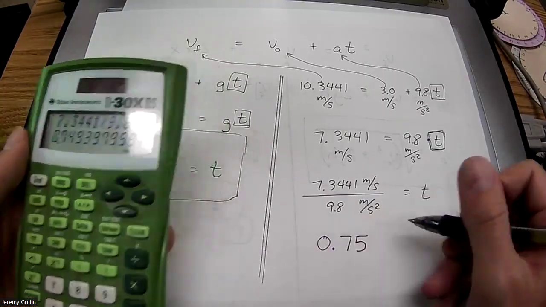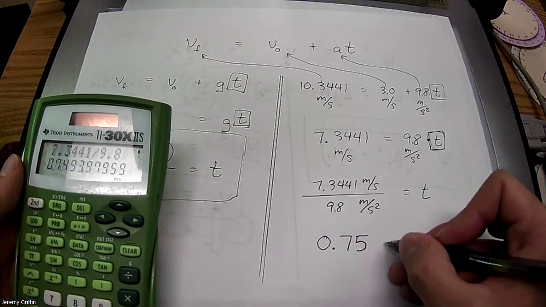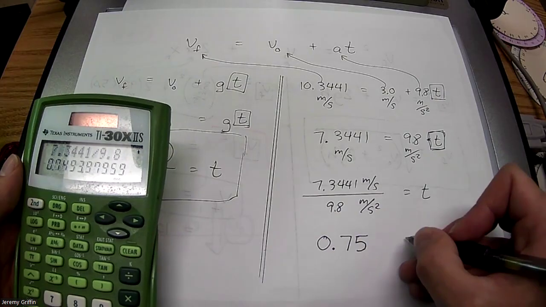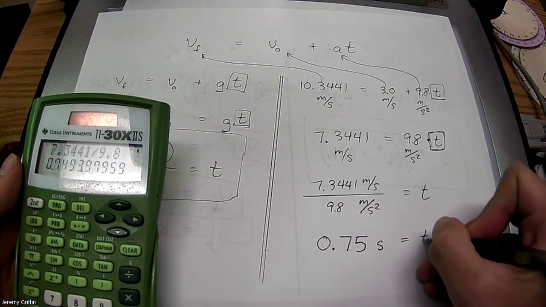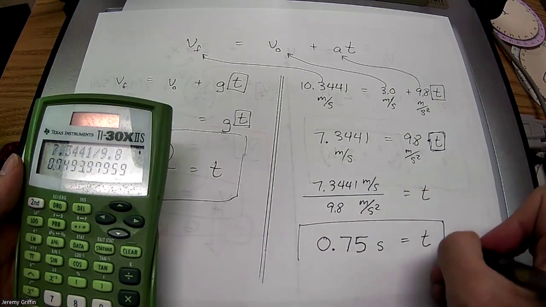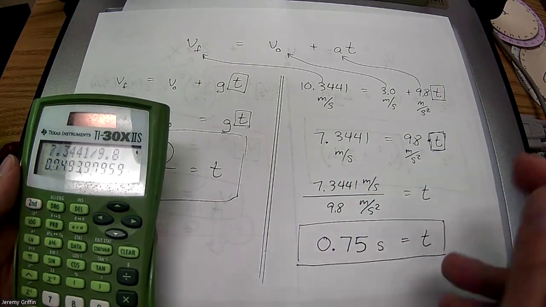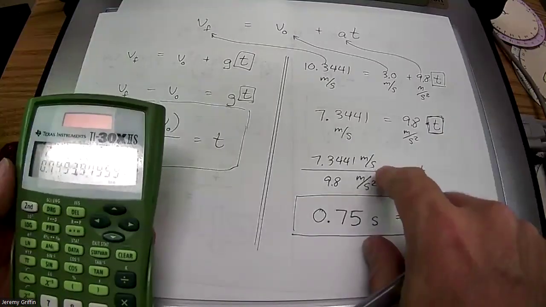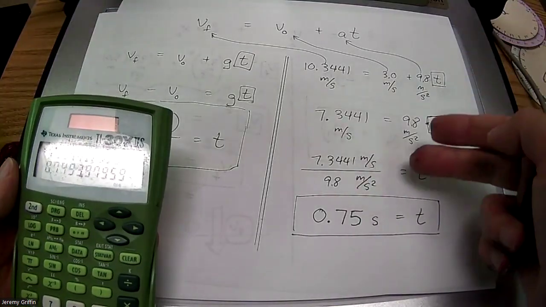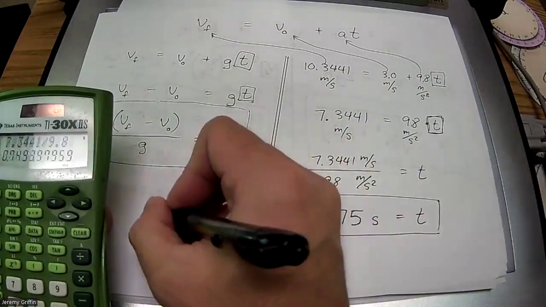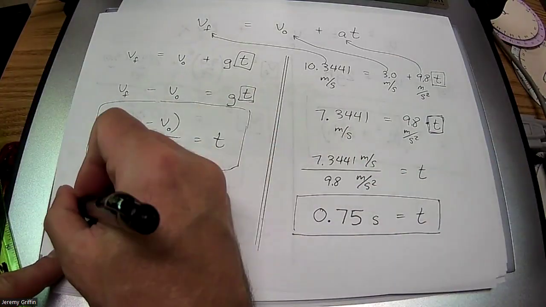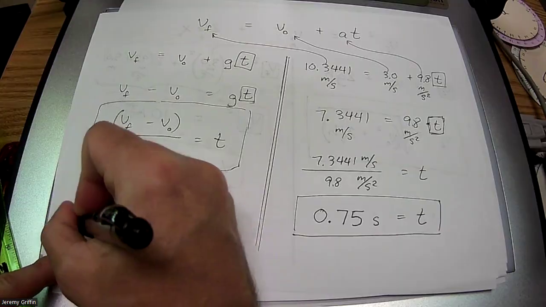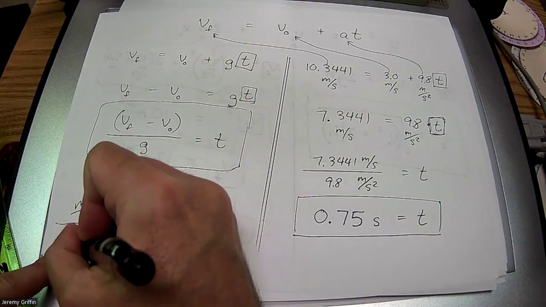And guys, what's the unit on that number? Seconds. There are a few ways that you know that. One is that it's going to describe time, and time is measured in seconds. Another way is to look at how I carried my units all along the way. Meters per second divided by meters per second squared.